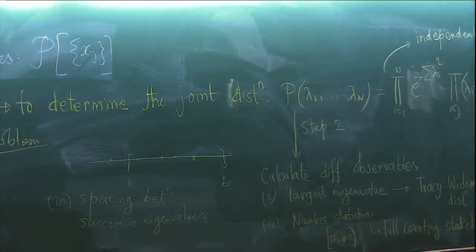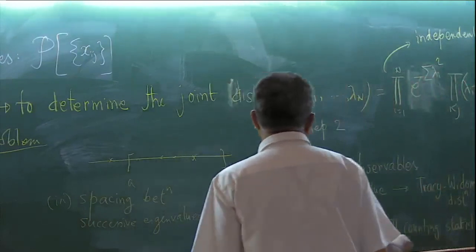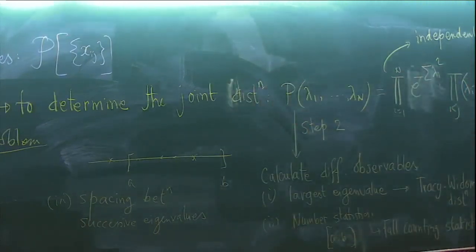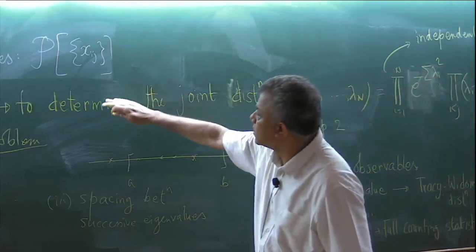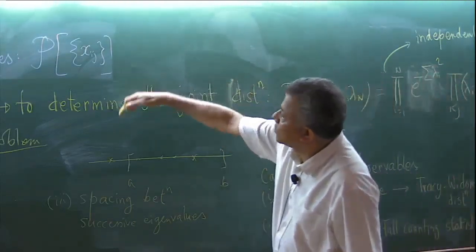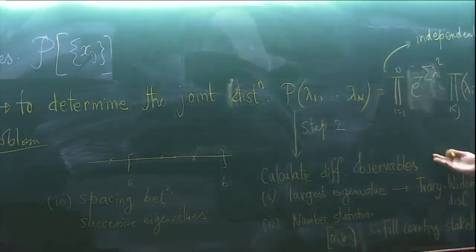But knowing this, to compute these things is not always easy. And so this is a whole subject by itself. This is more akin to statistical mechanics problems. And so there is this step 1 and step 2. Sometimes this is easier and this is more difficult. Sometimes this is much more difficult to do. And if you don't know the joint distribution, you can't even compute many of these things.